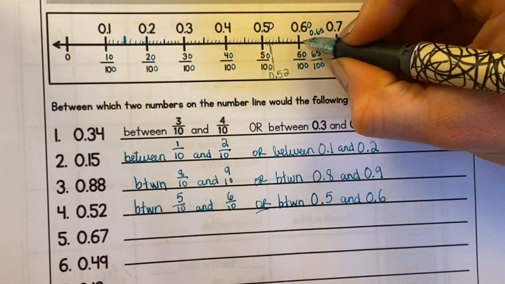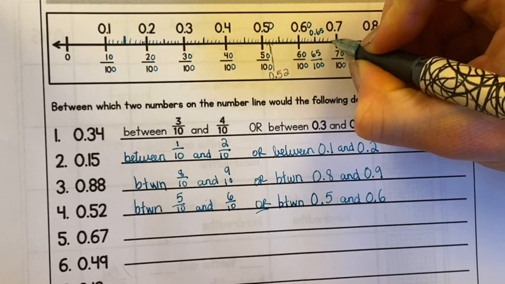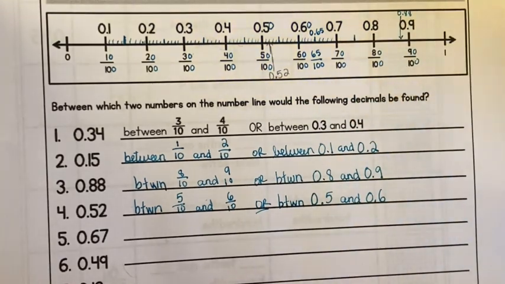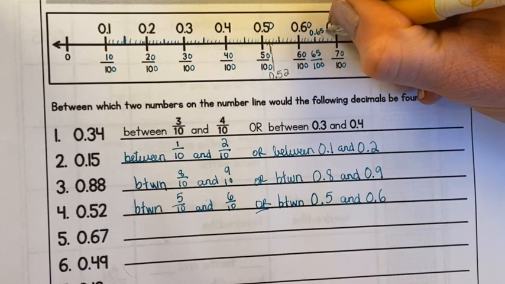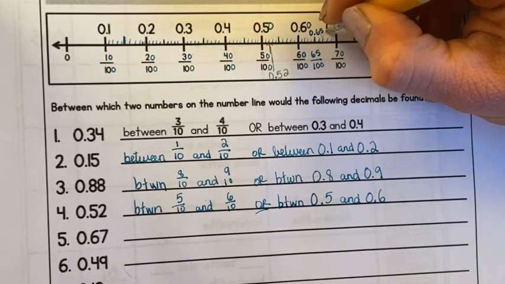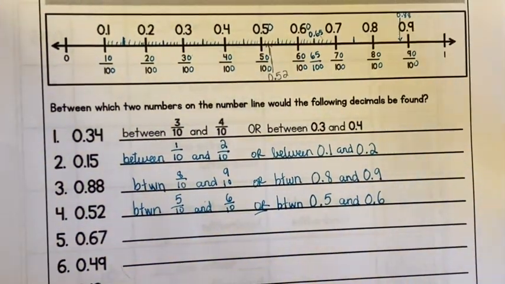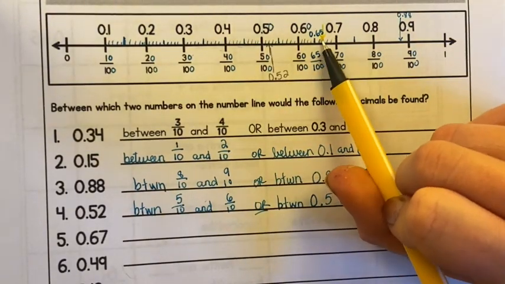So I've marked 0.65 already. 0.67 is going to be right here. I'm going to grab a different color. Apparently, I'm not going to grab a different color because my markers and pens have been left open. Okay, so 0.67 is right there.